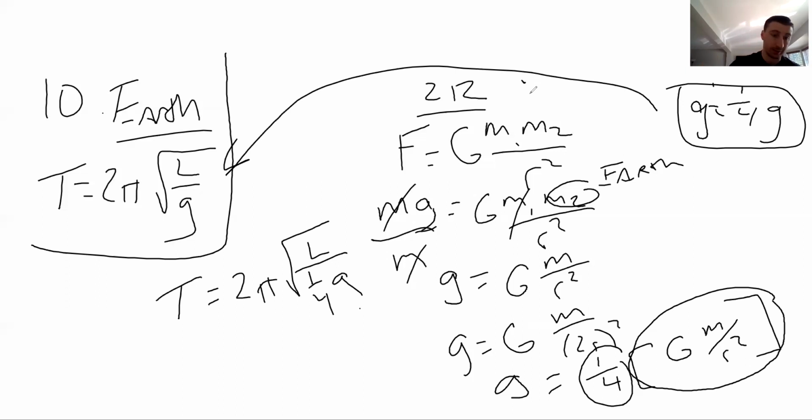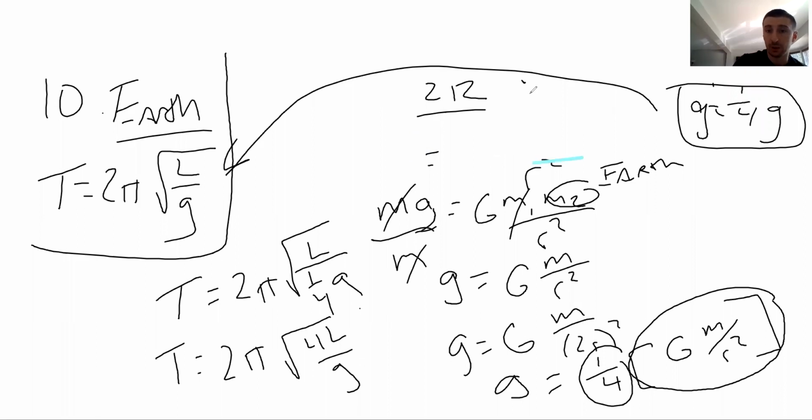So in other words, I could just rewrite it as T equals 2 pi square root of 4L over g. I simplify that and I can take the square root here. I'm running out of room. Let me erase some of this junk. Hopefully you don't need the gravity part anymore.